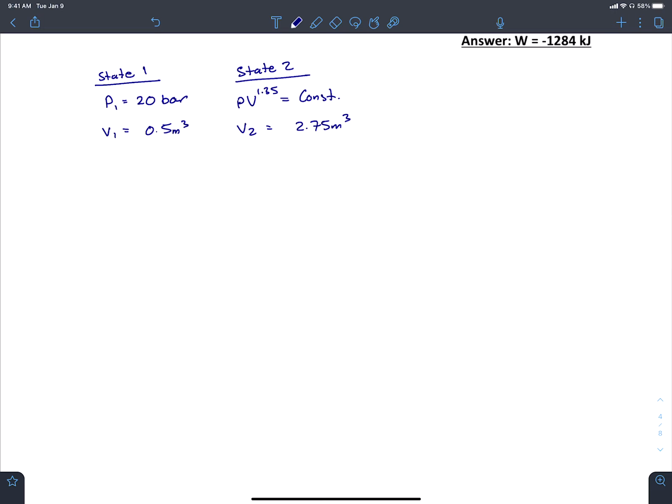So with this, just remember that we were asked to solve for the boundary work, which is given by this equation, the integral from V1 to V2 of P dV. So we need to figure out what our P is going to be. Given the relationship, we're going to use the givens in state 1 to define our equation for P. So doing that, P1 V1 to the 1.35 equals 20 bar times 0.5 meters cubed to the 1.35.